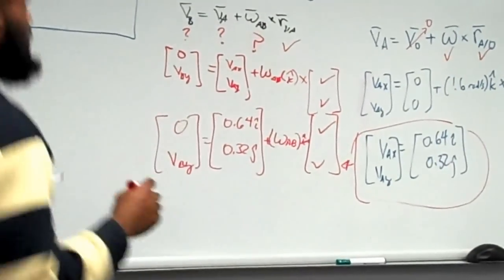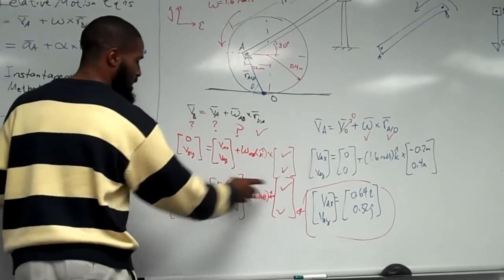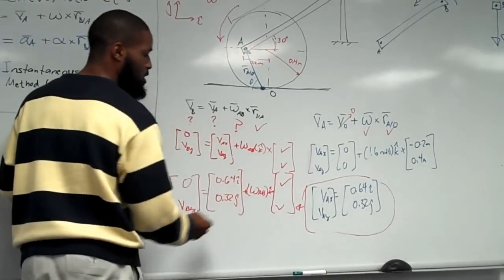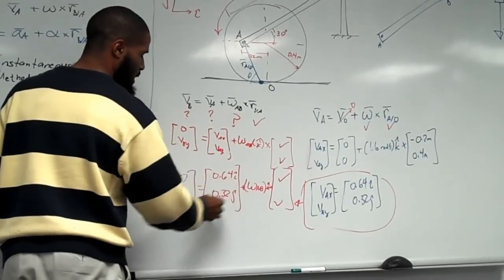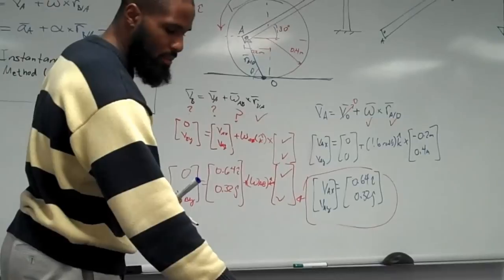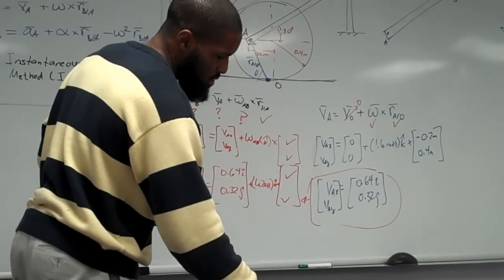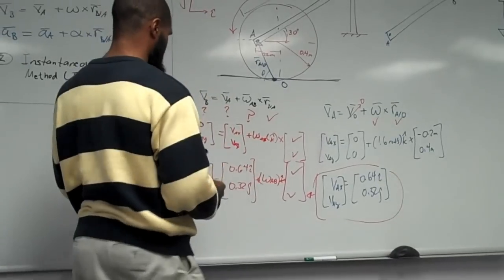Okay? So now what do we have? Two equations, one in the X direction and one in the Y, and two unknowns, omega_AB and V_B in the Y. So with two equations and two unknowns, the problem becomes solvable, and I'm just going to jump to the conclusion.